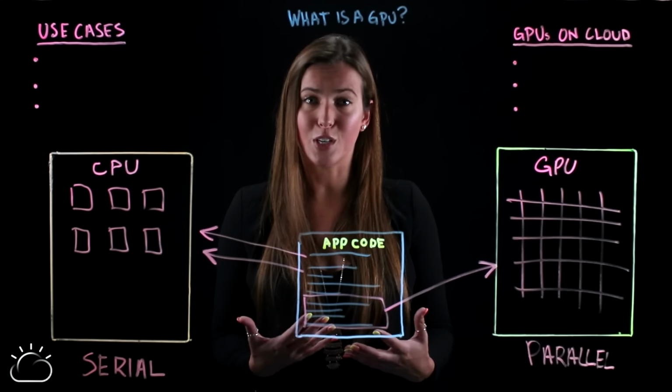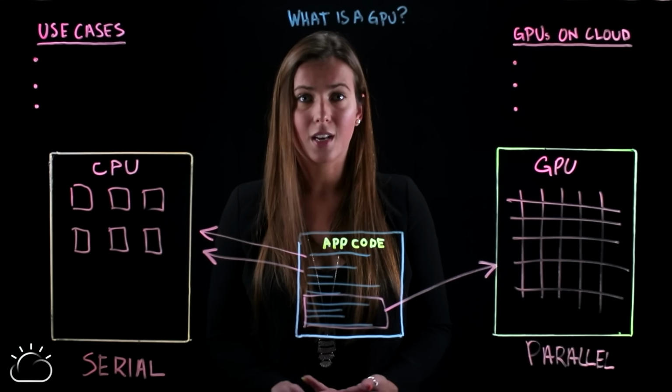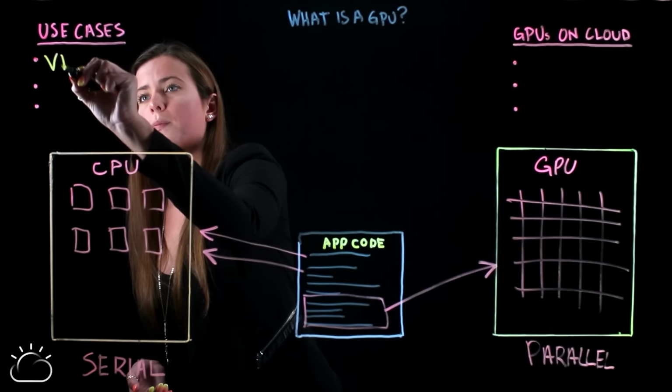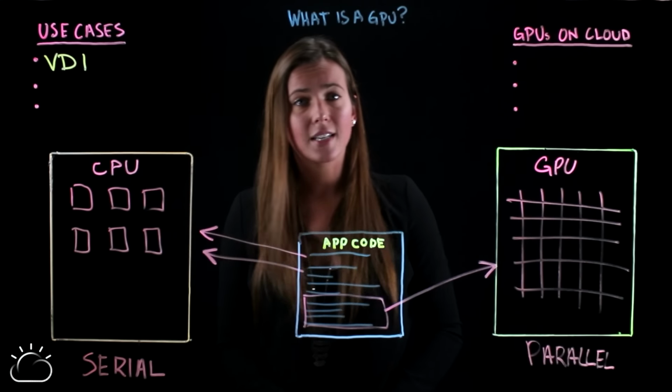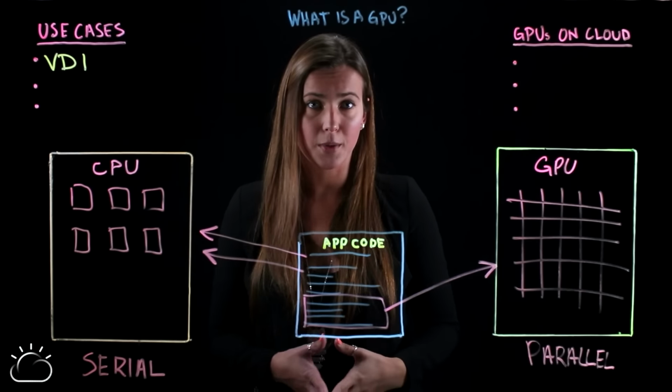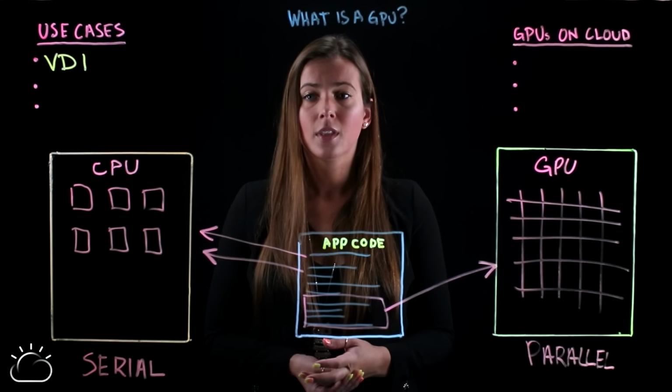Let's jump into that, because a big question I get is, why do I even need a GPU, in what industries and in what use cases? The first we'll talk about is VDI. VDI stands for Virtual Desktop Infrastructure. GPUs are created to support high-intensive graphic applications.